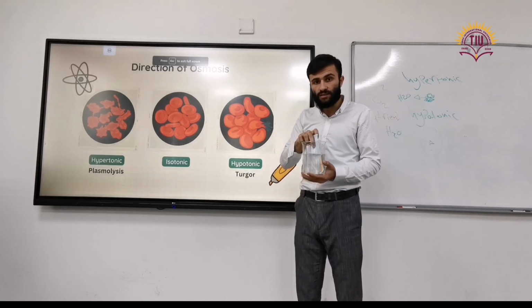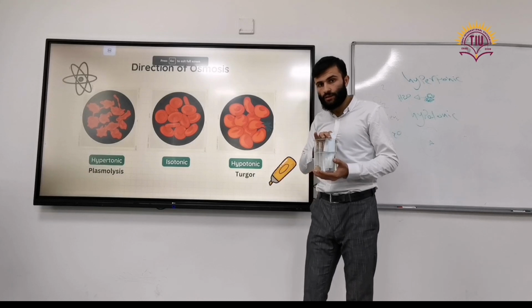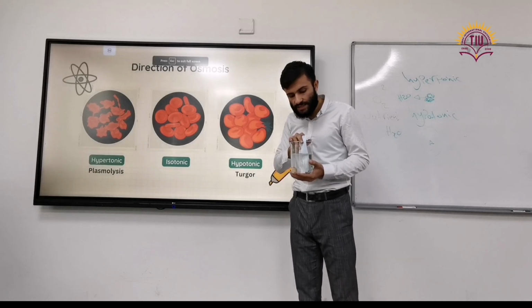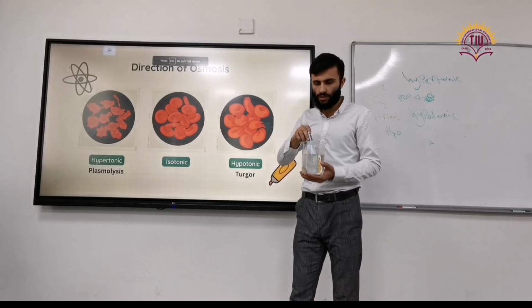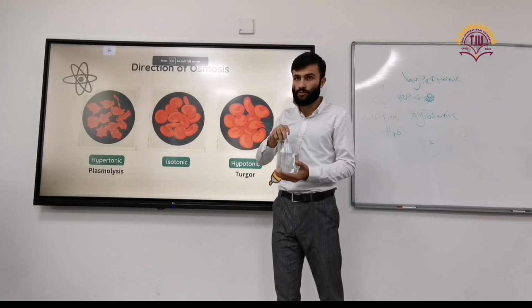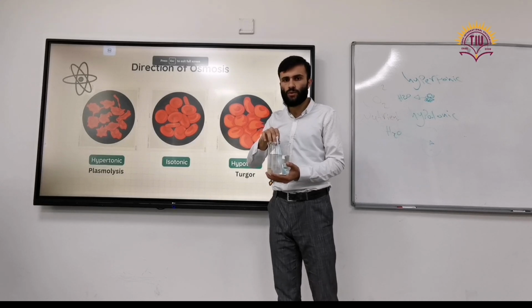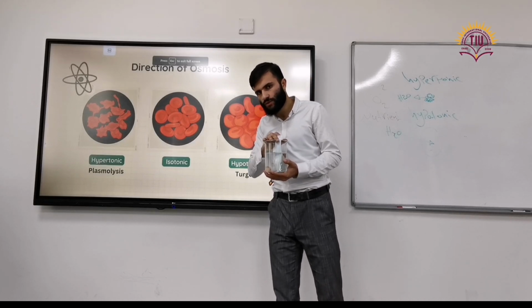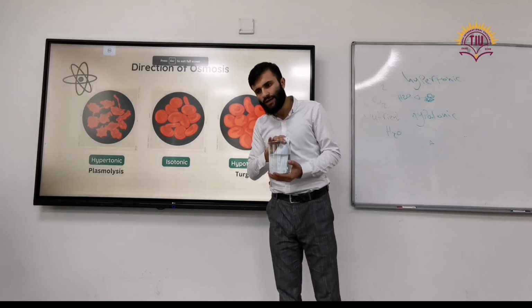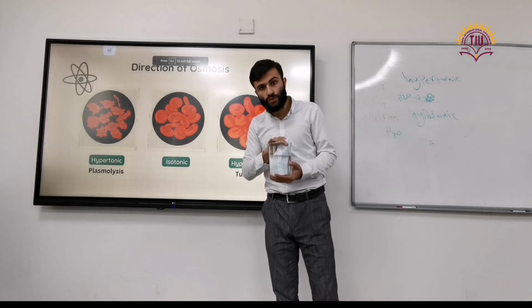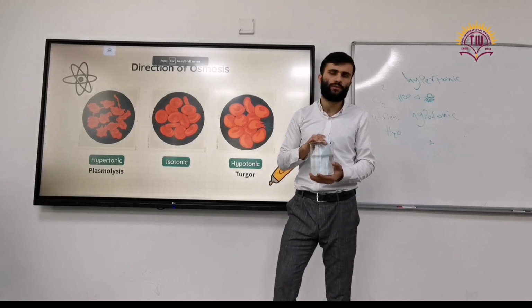The sugar particle cannot pass this membrane, but the water molecule, because it is very, very small, can pass through from high concentration of water to low concentration of water. Or you can say from low concentration of solute to high concentration of solute.